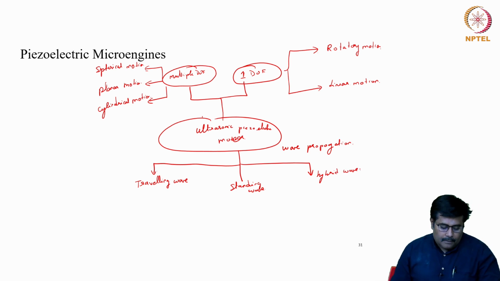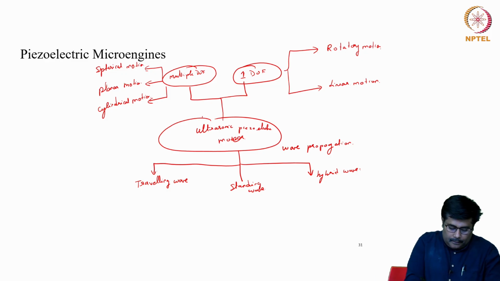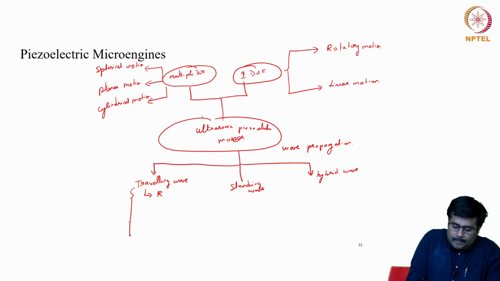In the case of a travelling wave, based on the geometric shape, it can be considered as a radial mode of cylinder.